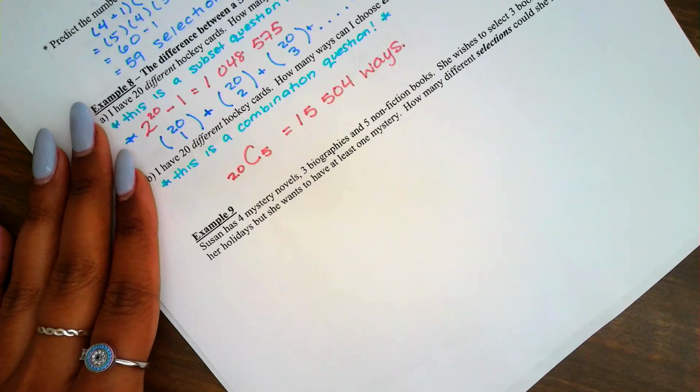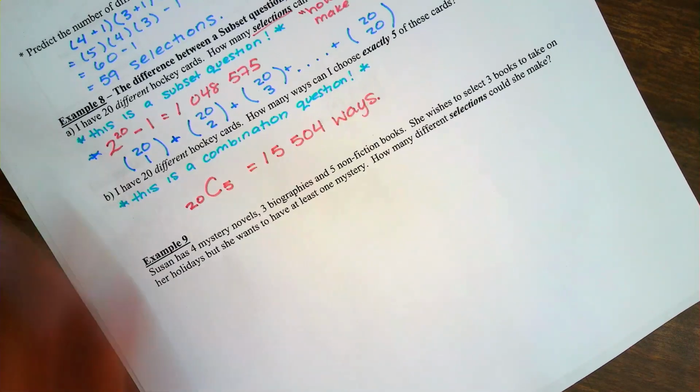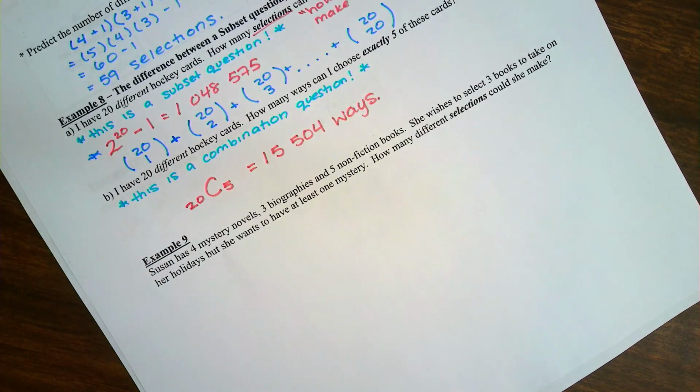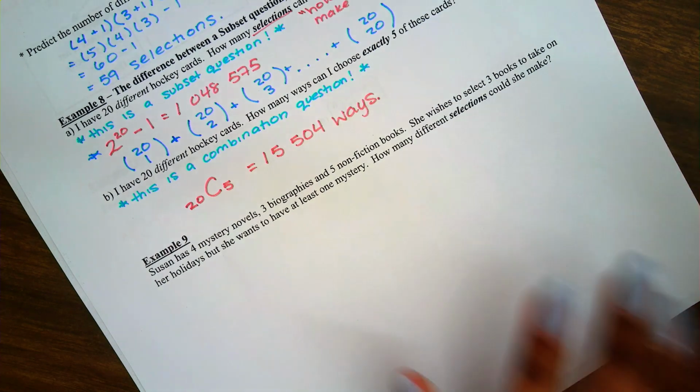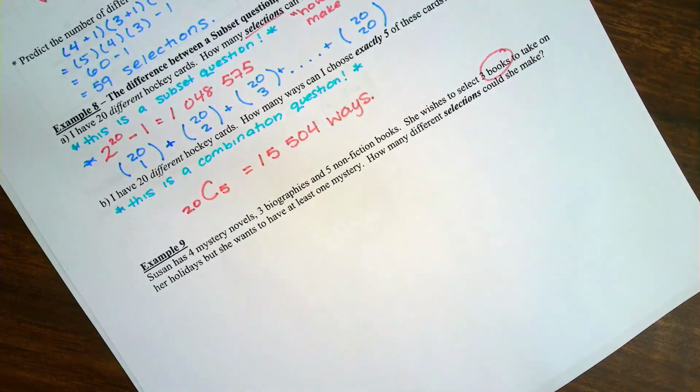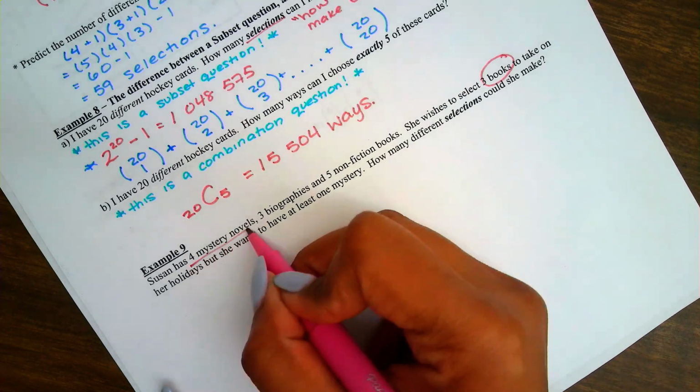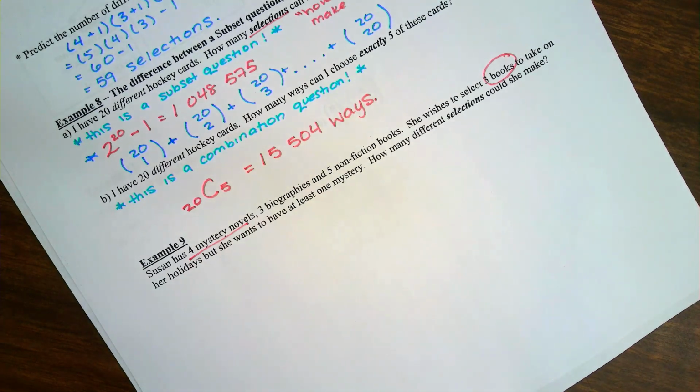Okay? And then lastly, we have Susan has 4 mystery novels, 3 biographies, and 4 nonfiction books. She wishes to select 3 books to take on her holidays, but she wants to have at least 1 mystery. So at least one of her 3 books needs to be a mystery book.